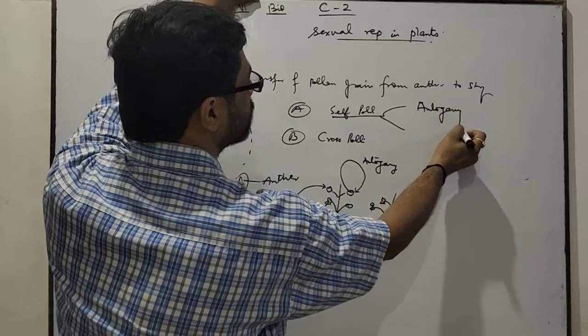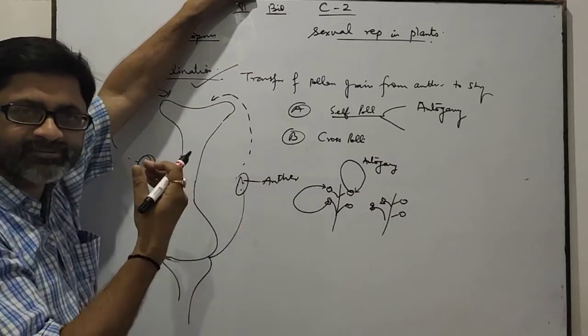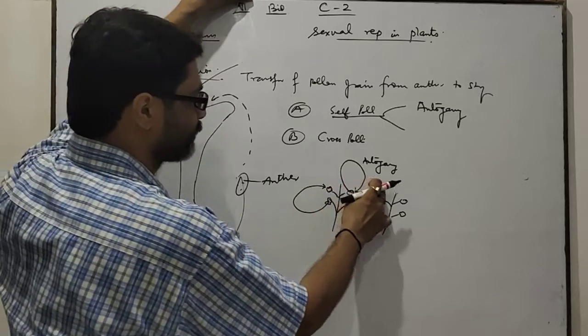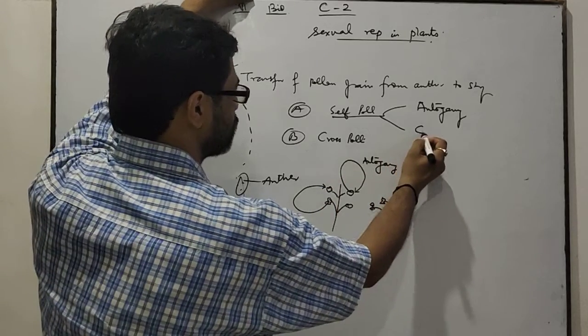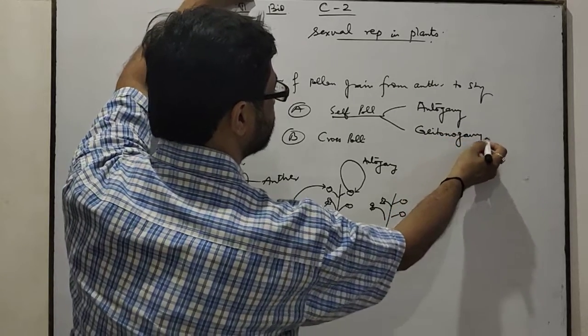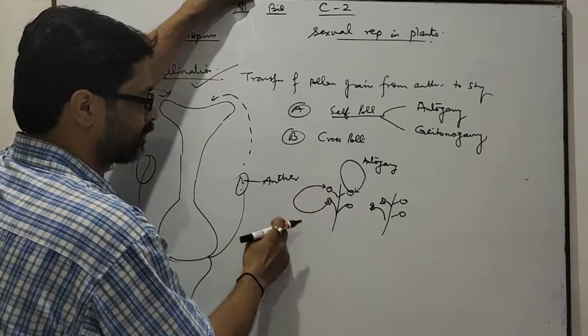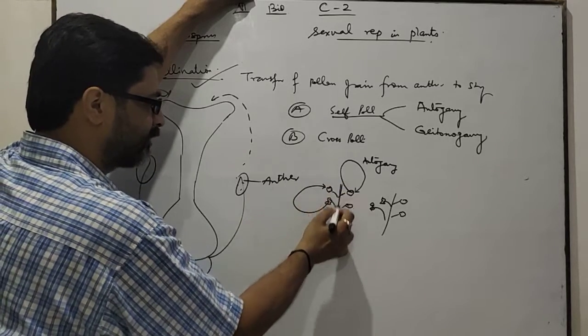Autogamy. What is autogamy? The transfer of pollen grain from anther to stigma of the same flower. This is called autogamy. And this one is known as geitonogamy. What is geitonogamy? Transfer of pollen grain from one flower to another flower of the same plant.